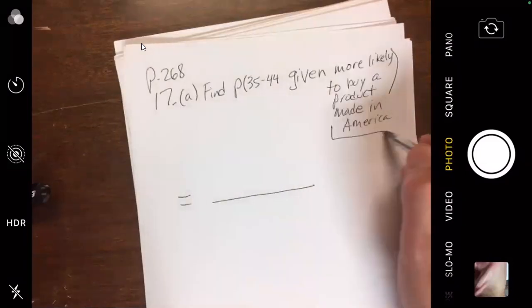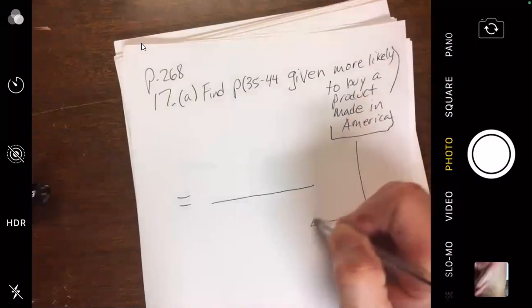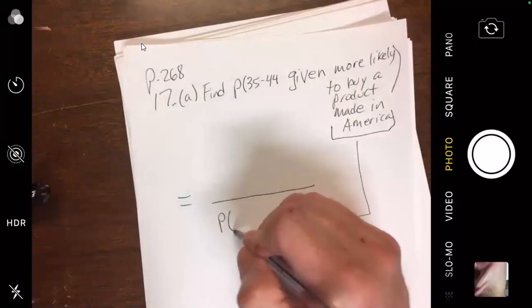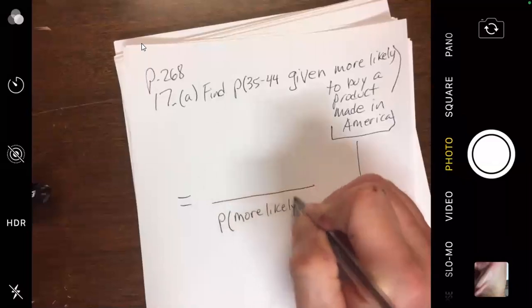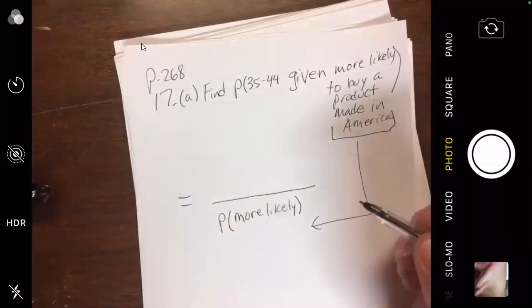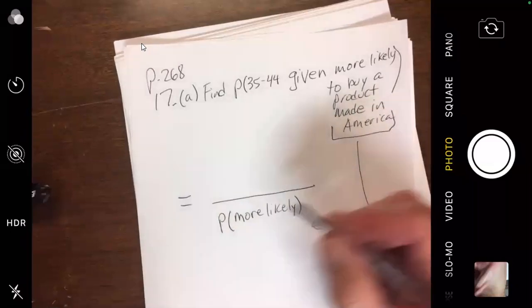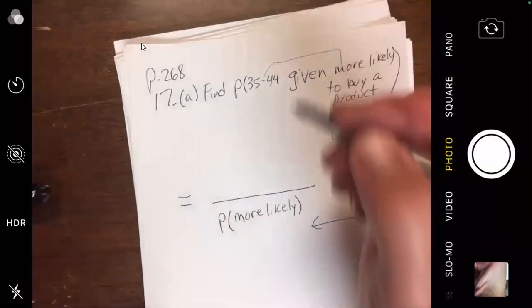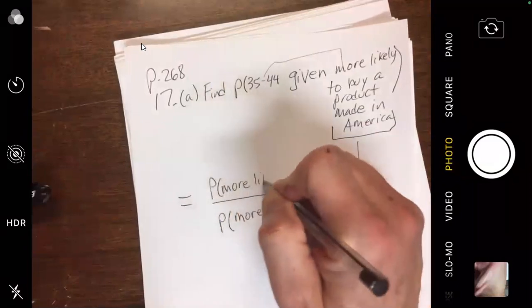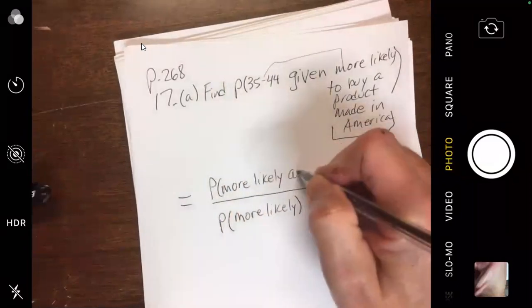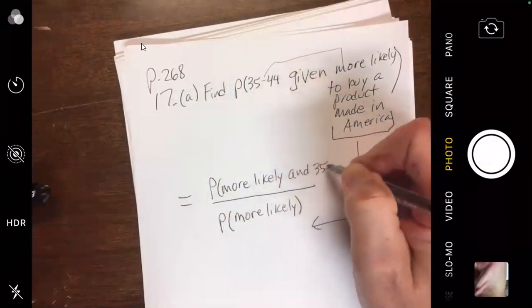And this second thing is what's on bottom. I'll just word it product more likely, probability of more likely. All right, and the top will have both: probability more likely and your 35 to 44.